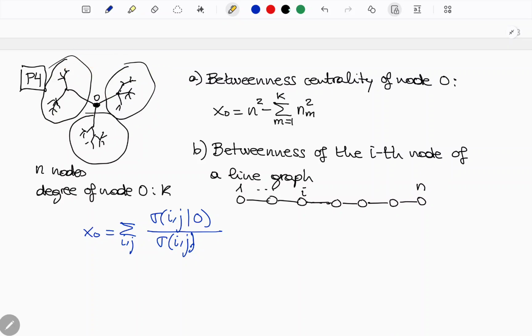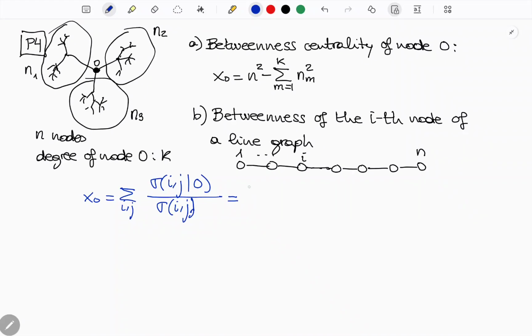So the point is that they tell me that here I have n1, n2, and n3 nodes in each of these sets. So what is the total number of paths that are going to go through node 0? Well, in this particular example, it's going to be twice, because remember that this summation is for every pair of i and j.